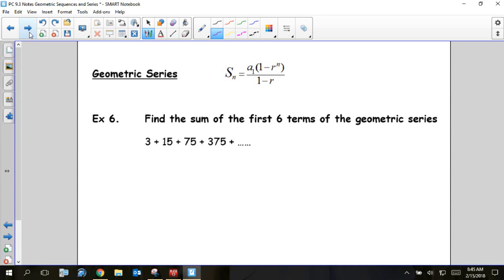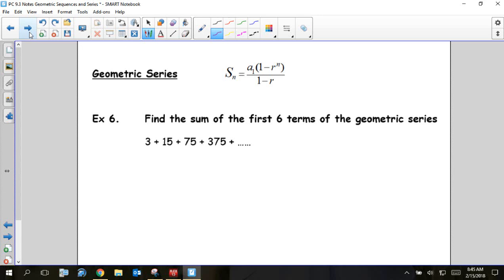So the first one is find the sum of the first 6. So we're going to use this sum formula. I had questions on the quiz: how do I know which one's the sum formula out of the 2 formulas I gave you? It's the one with the S. That's the sum formula.